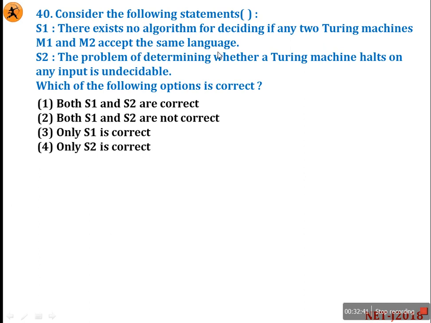Also one more option: the problem of determining whether a Turing machine halts on any input is undecidable. Yes, obviously, we still don't know the answer to these two.